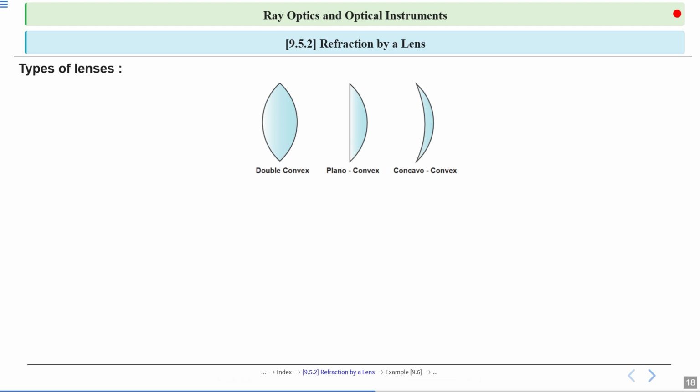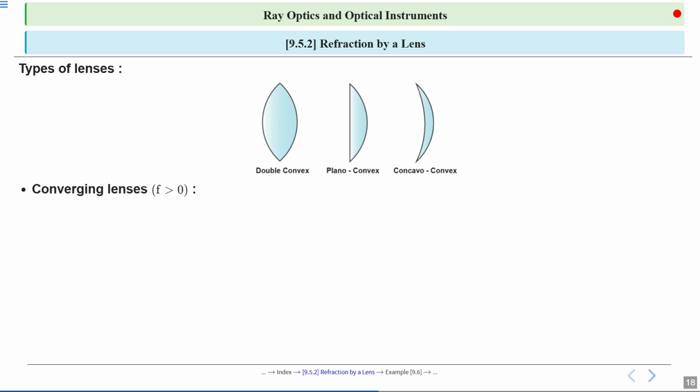Concavo convex lens: the first surface is taken to be concave, and the second surface is considered convex. So it is called concavo-convex.